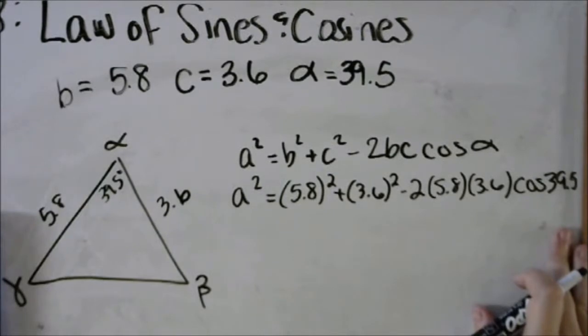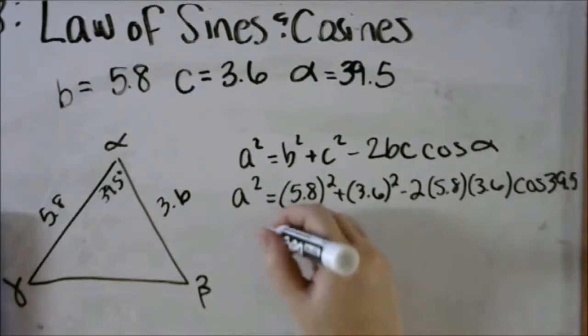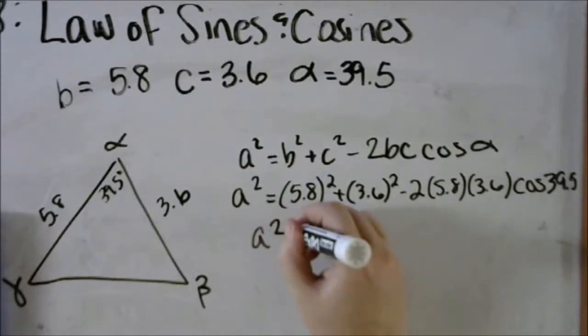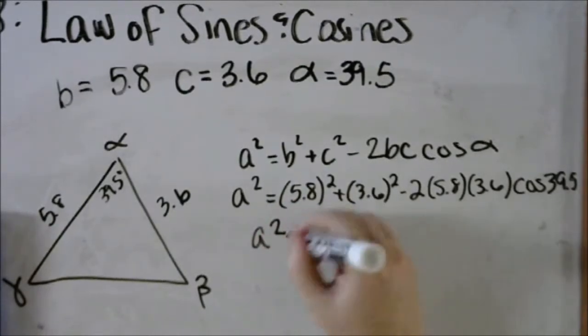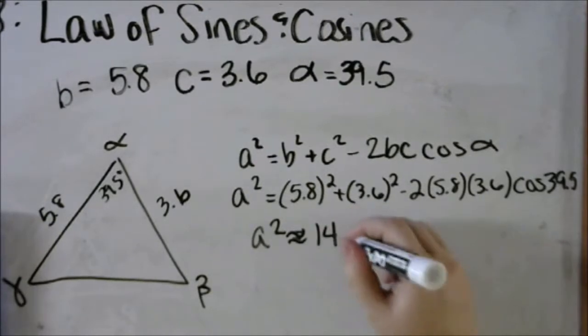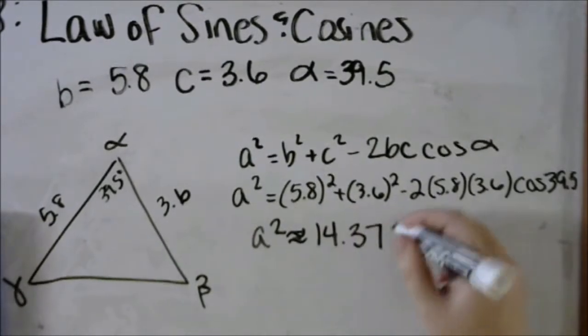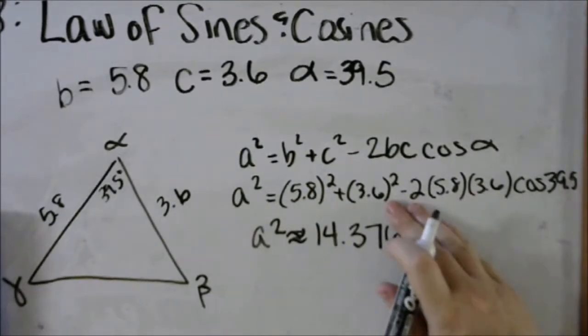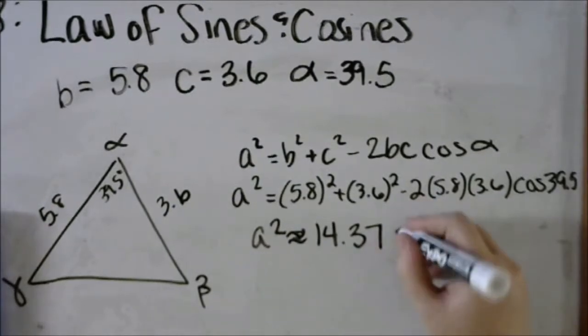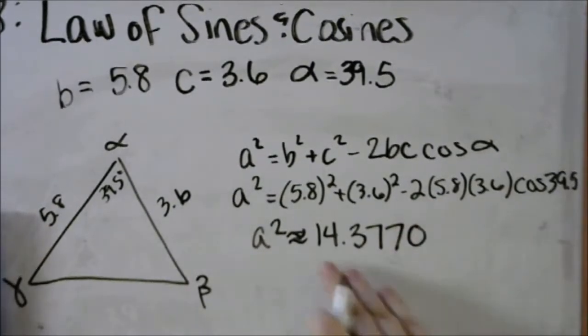Be sure that your calculator is still in degree mode, and evaluate. A squared is approximately equal to 14.376770. I like to keep more decimals when I know that there's going to be another step.